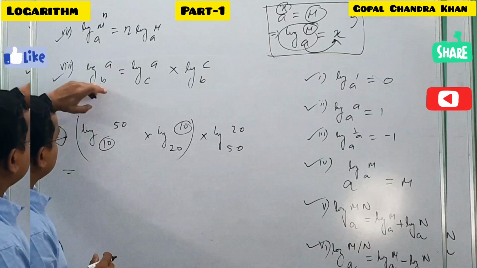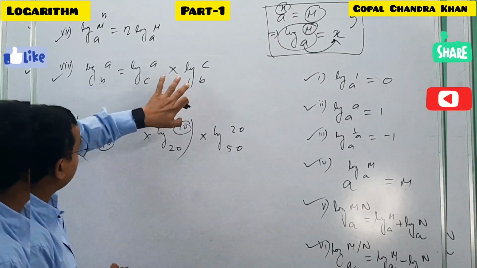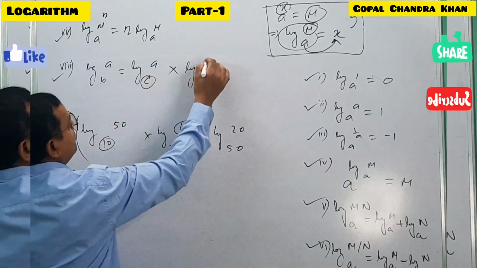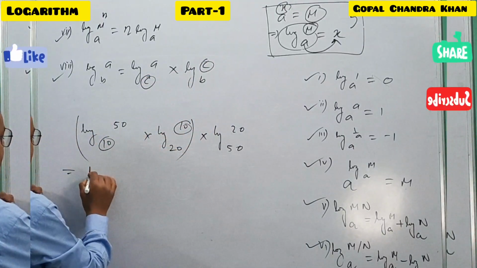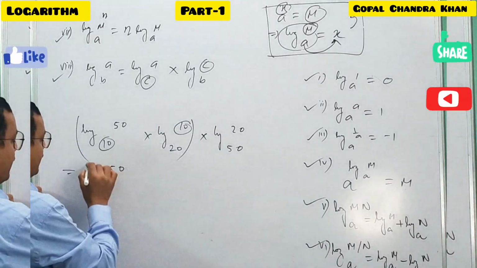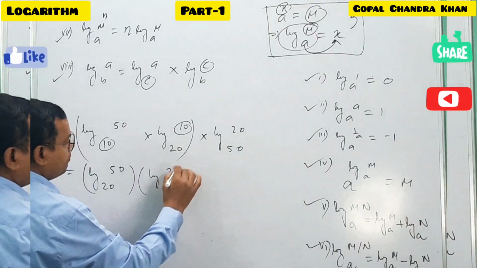So by using this formula, from here to there I can write it. Here C and C match, here 10 and 10 match. Can I write log 50 base 20? And you are getting the next, log 20 base 50.